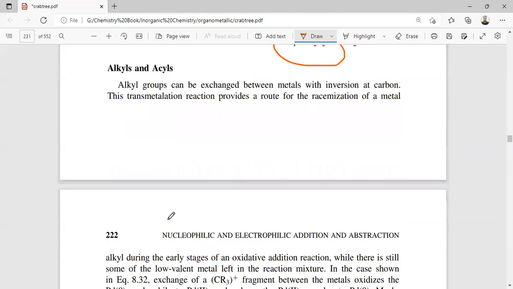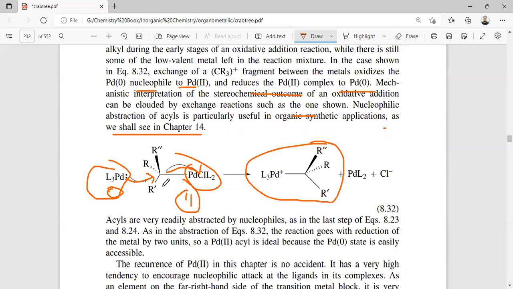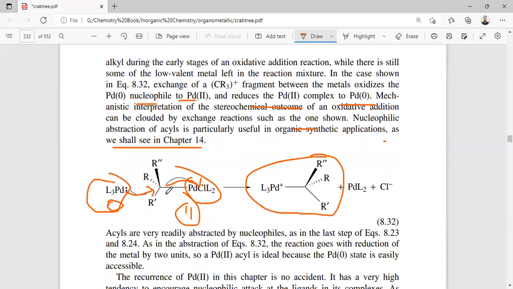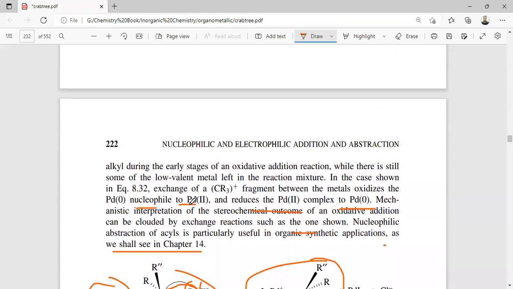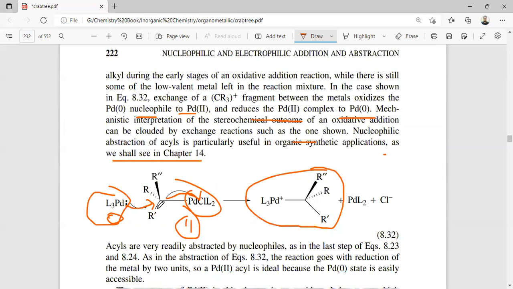So it is an example of alkyl group exchange between these two palladium metal complexes. Here the stereochemistry of the carbon center was altered, so it is inverted. The inversion of the carbon center occurred.